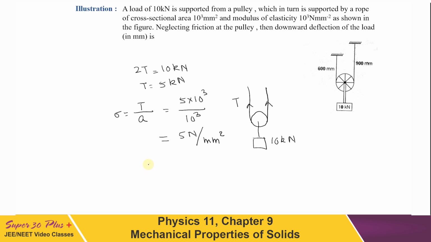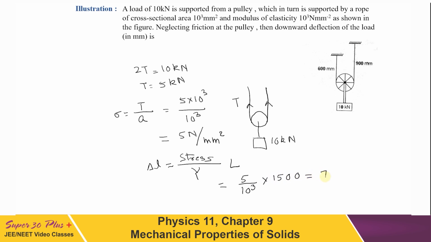So the extension in the rope, if I write it as delta L, can be given by stress upon Y into the original length. On substituting all the values, it will be 5 upon Y, given as 10 to the power 3 Newton per mm square, into the original length, that is 900 plus 600, so 1500 mm.